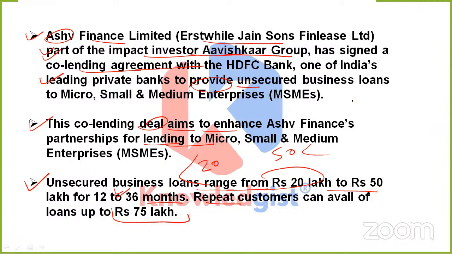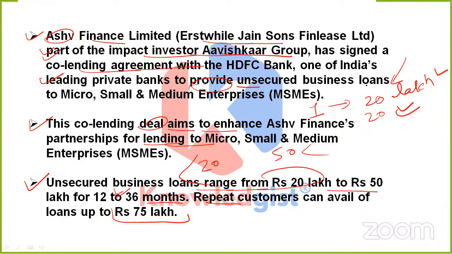So what will I do? If I go for the first time, I go for a loan of 20 lakh. Yes, they will provide it to me. Again, I go for a loan of 20 lakh. Yes, they will provide it. Now I have already borrowed 40 lakh in two installments, but now I would require more money.